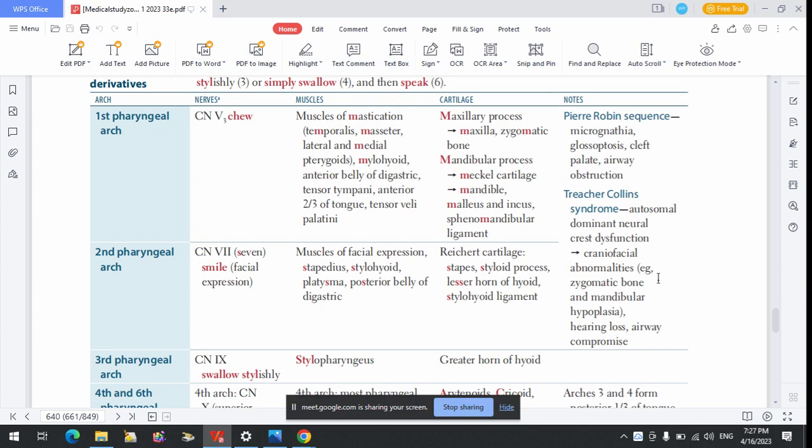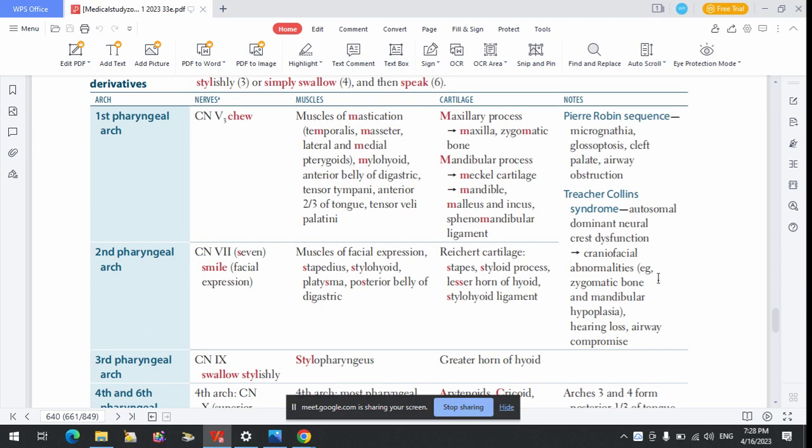If you trace the zygomatic-maxillary connection at the cheek backwards, you are pointing towards the ear. So what are these structures? The malleus and the incus, but not the stapes. Anything with S should be second pharyngeal arch.